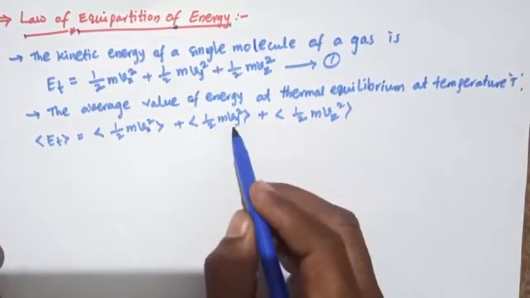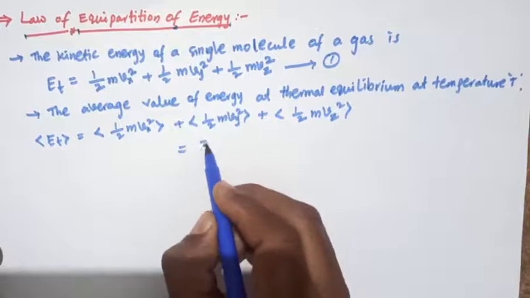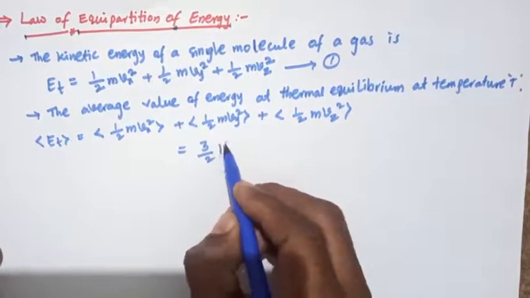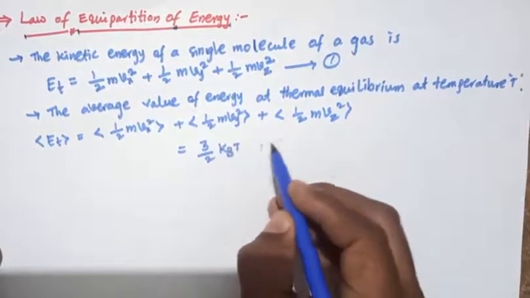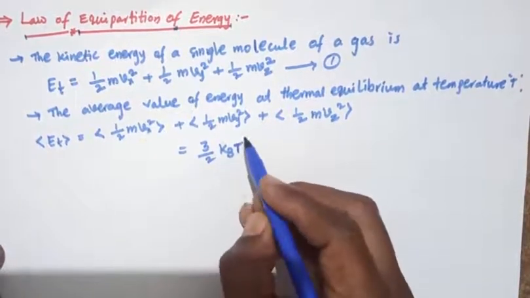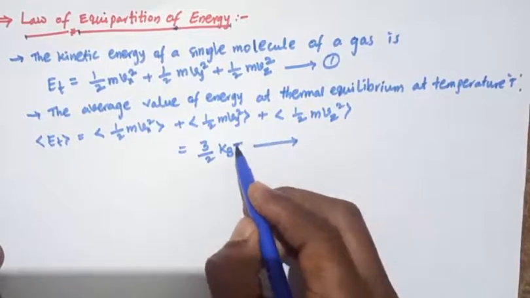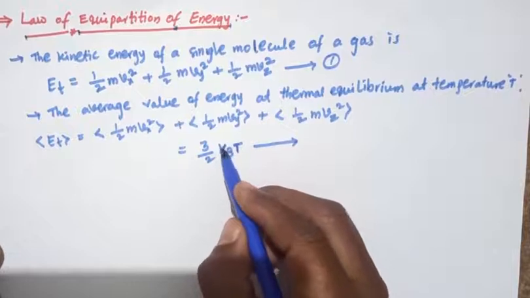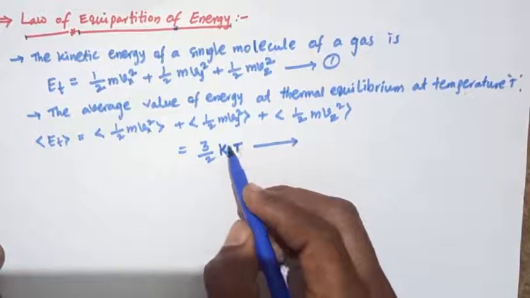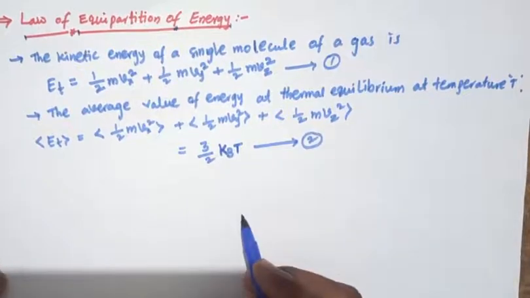The average energy equals 3/2 kBT. This was discussed in the previous class, the kinetic interpretation of temperature. So this is equation number 2.